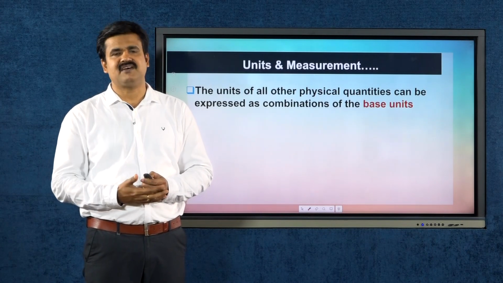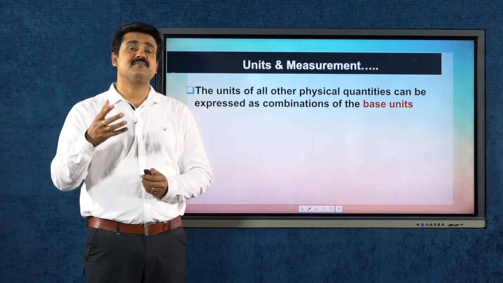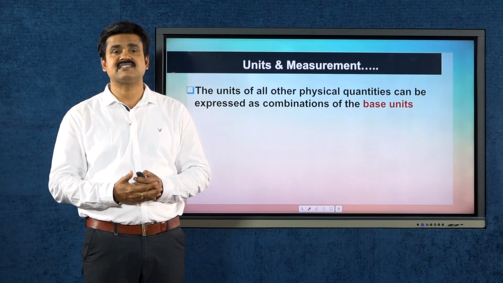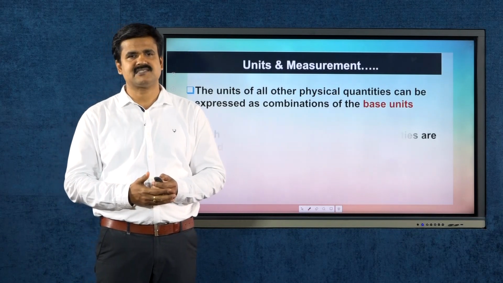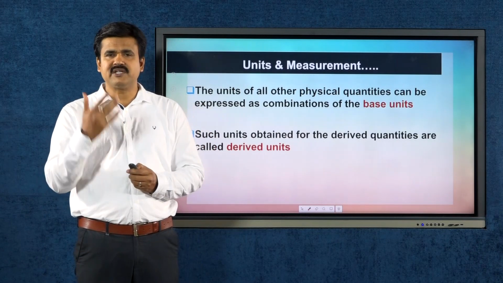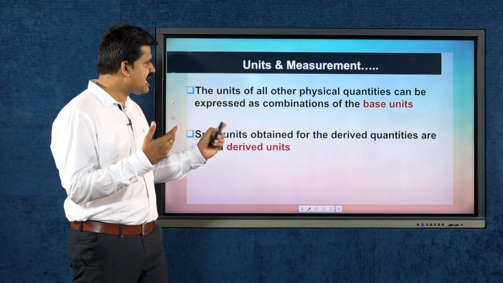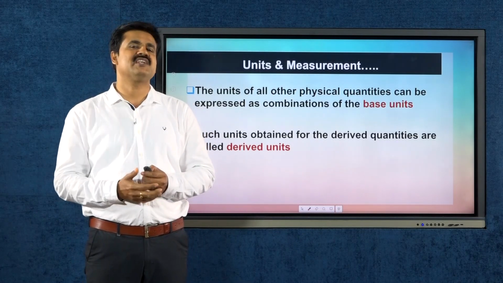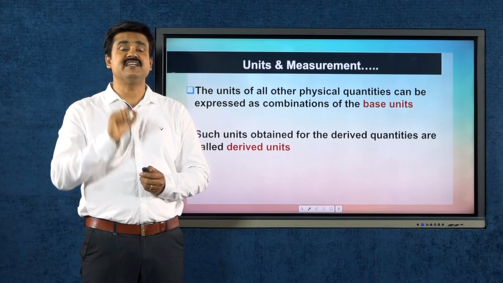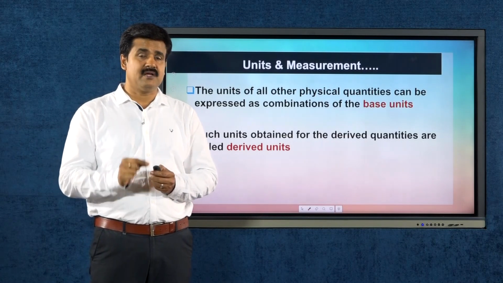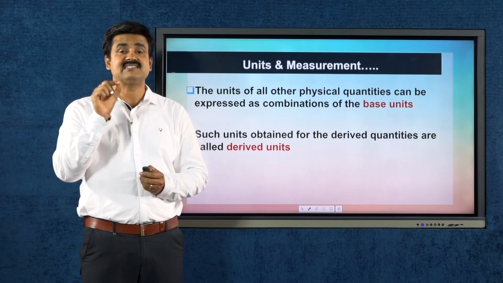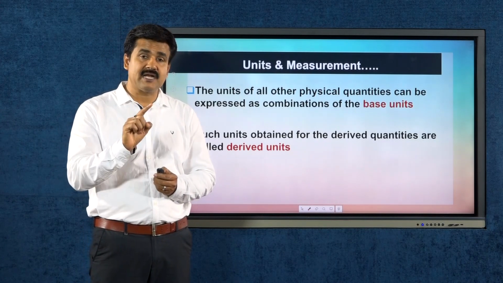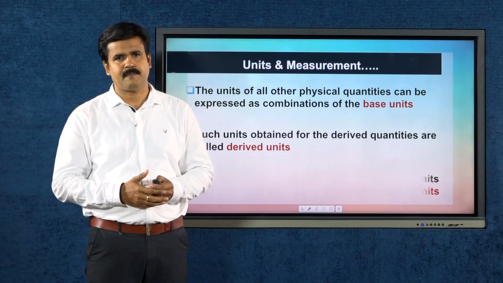This implies the fact that some measurements have base units, some other physical quantities have derived units. Such units obtained from derived quantities are called derived units. I mentioned density. The unit of density is kilogram per meter cube. Kilogram per meter cube is a derived unit which is obtained from kilogram and meter.